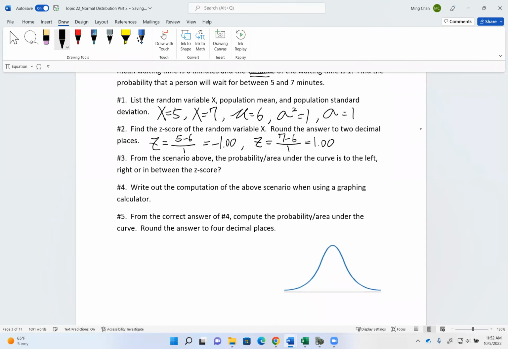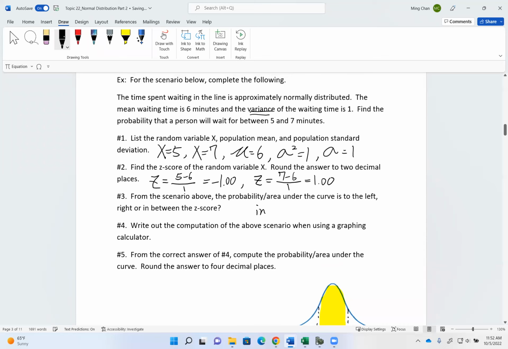So if the mean is right here, I'm looking for the area in between -1 to +1, which is right here in the middle. So this problem is in between, because the problem kind of told me that already, in between.